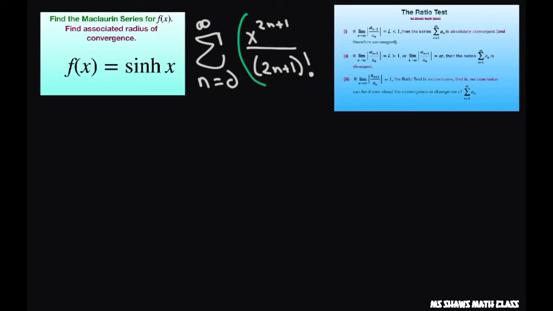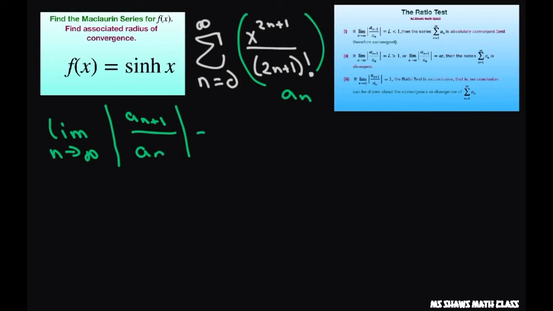Now this is going to be like my a sub n. So let's go ahead and use the ratio test. We have the limit as n approaches infinity of absolute value of a sub n plus 1 divided by a sub n. So this is going to equal the limit as n approaches infinity, absolute value. Now for these n's, we're substituting n plus 1.